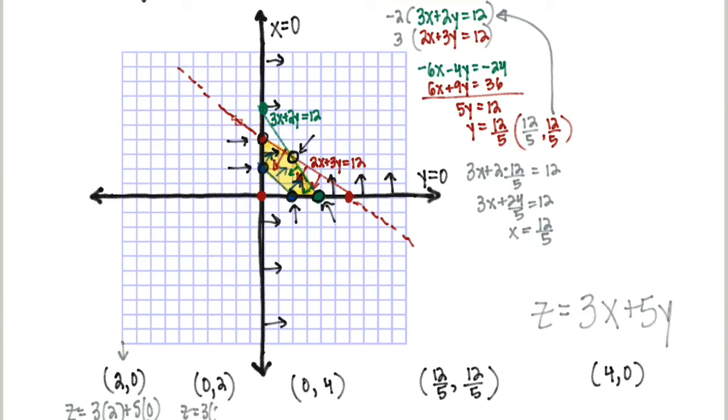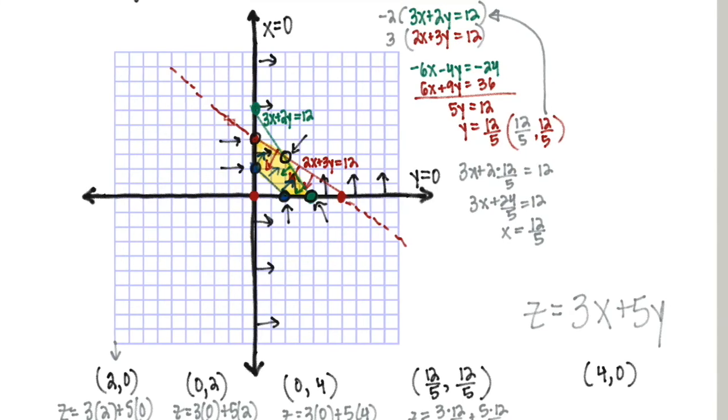Z equals 3 times 0 plus 5 times 2, which is 10. Z equals 3 times 0 plus 5 times 4, which is 20. Z equals 3 times 12/5 plus 5 times 12/5. So we've got 36 plus 60 is 96 fifths.